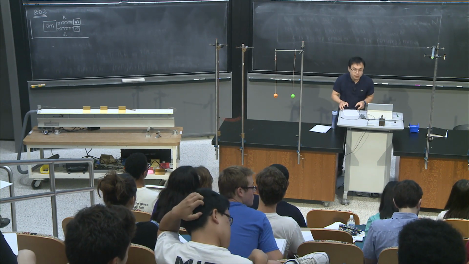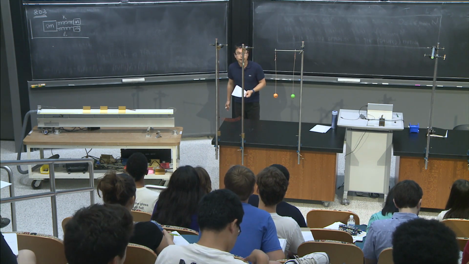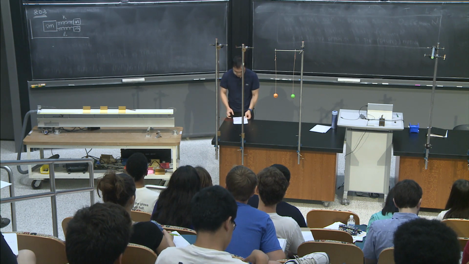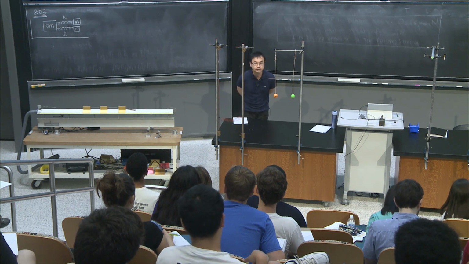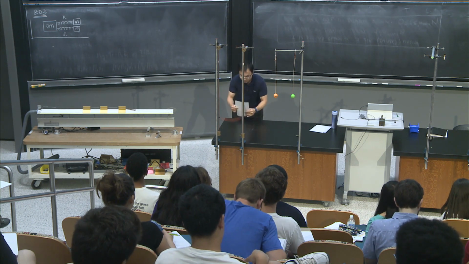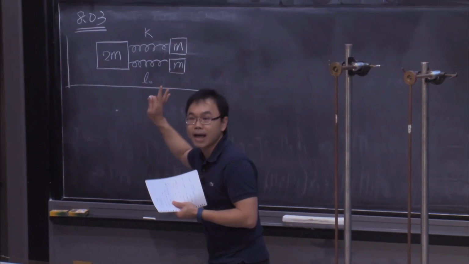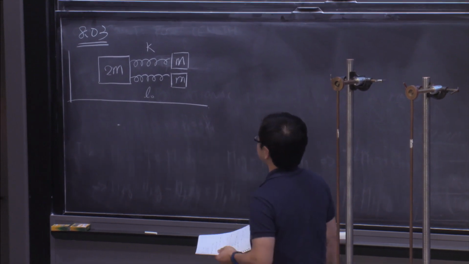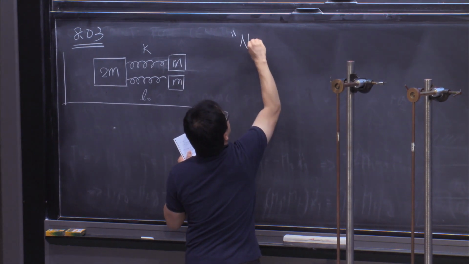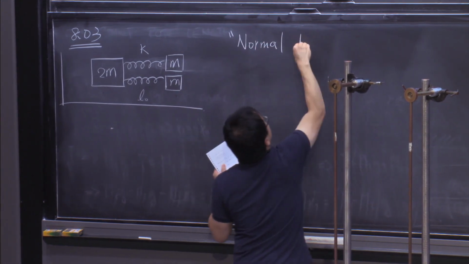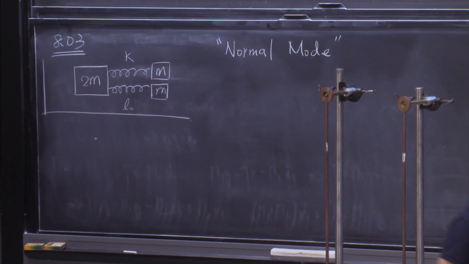But if you stare at this system long enough, you will be able to identify special kinds of motion, which are easier to understand. What I would like to introduce is a special kind of motion which you can identify from the symmetry of this system. These are the so-called normal modes. So what is a normal mode?